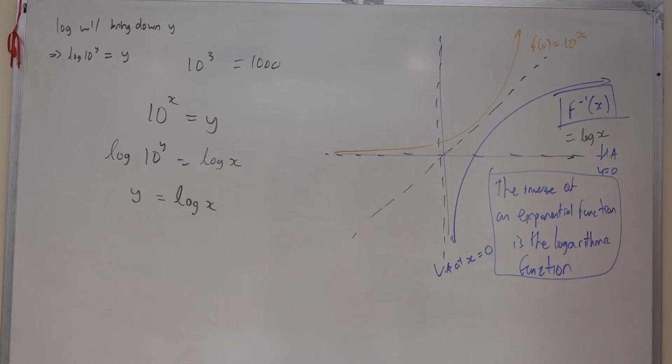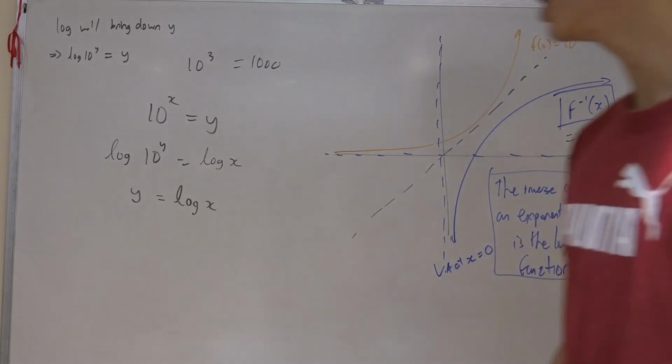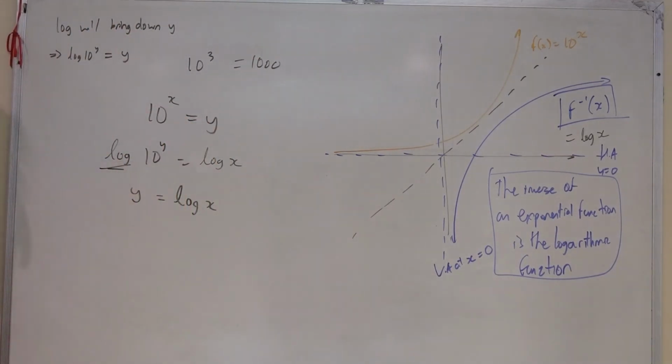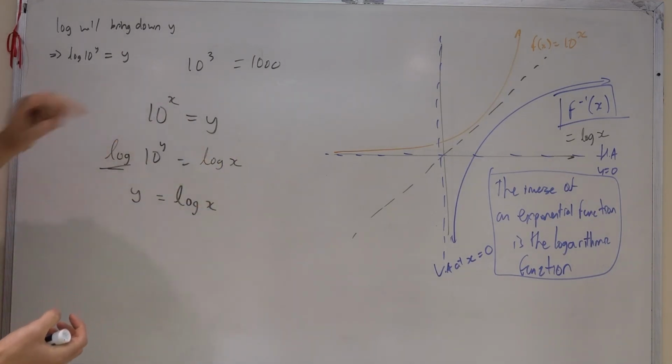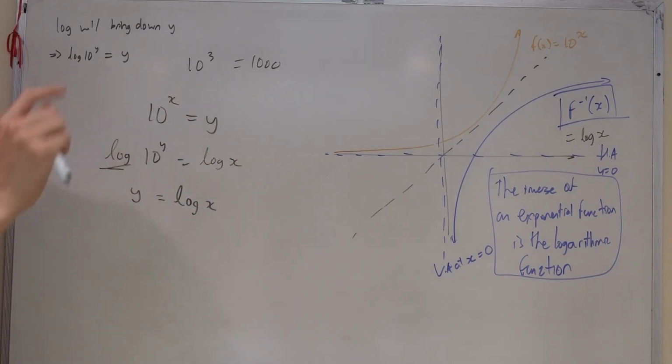That's it. Everything that we did here was fine, except that we don't really know what this operation log is doing. All we know is that it is somehow the inverse operation of exponentiation: if you apply log to this thing here, it will give you back the thing in the exponent. Maybe we should write that down.